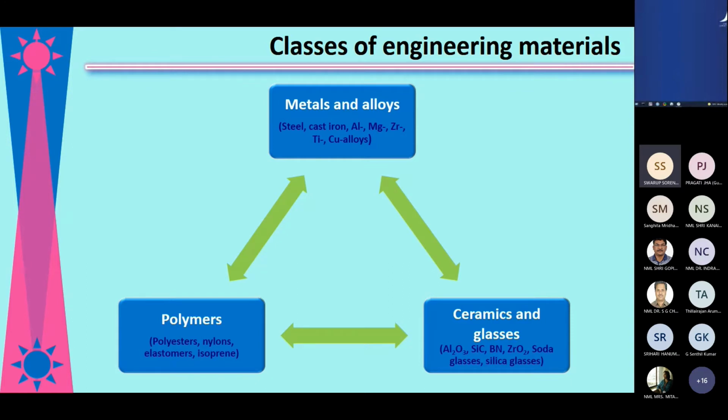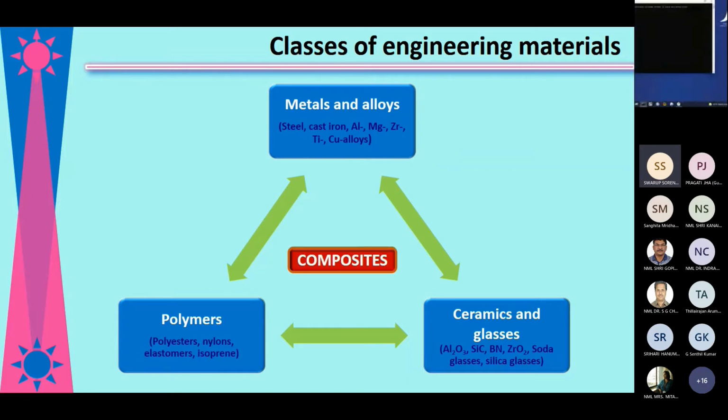Similarly, we have polymers, where we can see polyesters, nylons, elastomers, isoprene. Many of the polymers are available. Then ceramics and glasses. Not only that, these main classes also lead to a new class of material that is called composites.